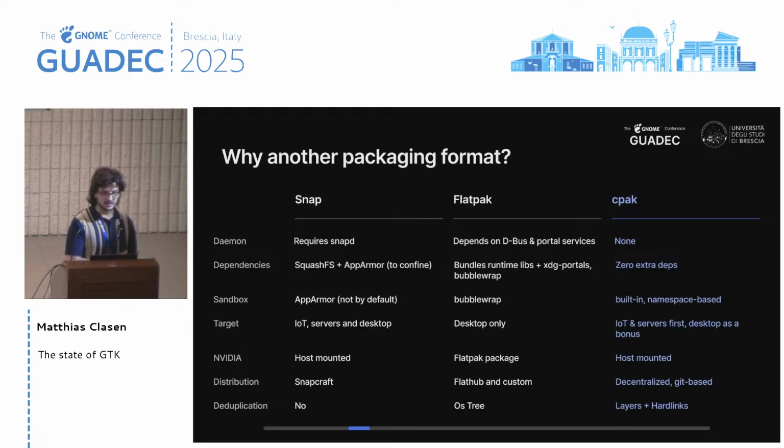Because we already have Flatpak, we have Snap, and a lot of new things that nobody remembers. So why create a new packaging format? Because cpak tries to fit in the space where nobody tried to get in. Basically, let's say we have a device that needs to run an application that only requires access to a graphical session.